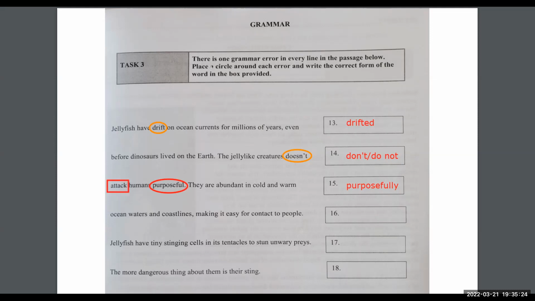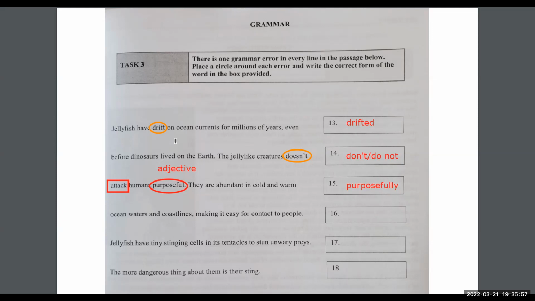Purposeful, is that an adjective or an adverb? Adverb. Just purposeful is an adjective. Purposeful can describe a noun, but purposefully, remember we looked at creating adverbs from adjectives.